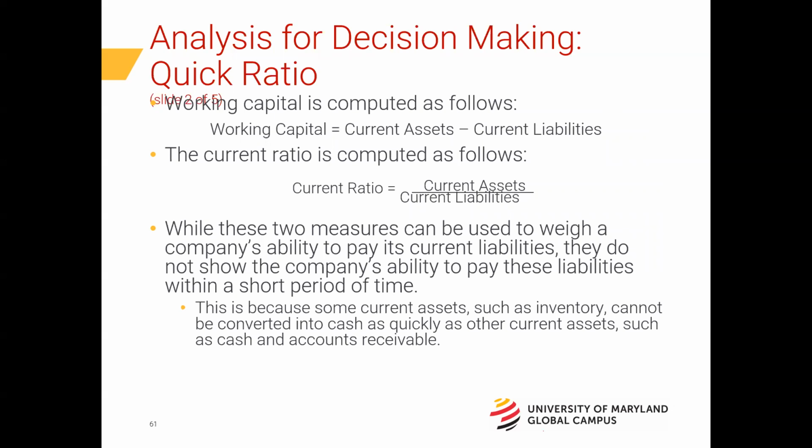Working capital is current assets minus current liabilities. Again, all these are balance sheet accounts. The current ratio is current assets divided by current liabilities. These measure the company's ability to satisfy its current liabilities. That's what these ratios tell me. Does the company have the ability to pay its current liabilities?